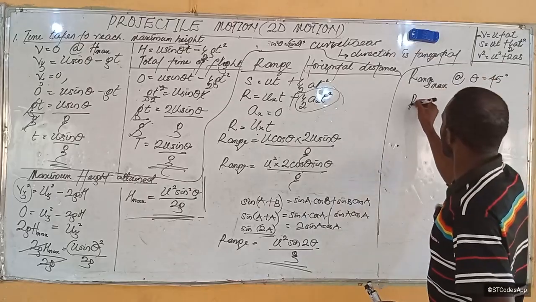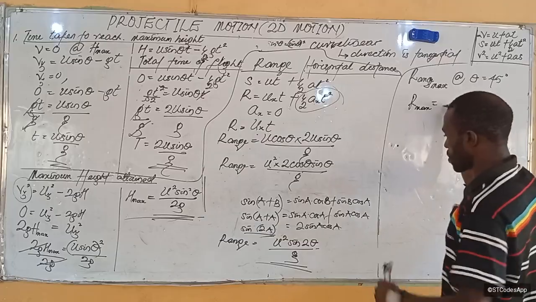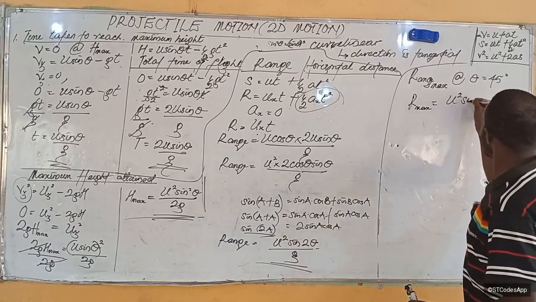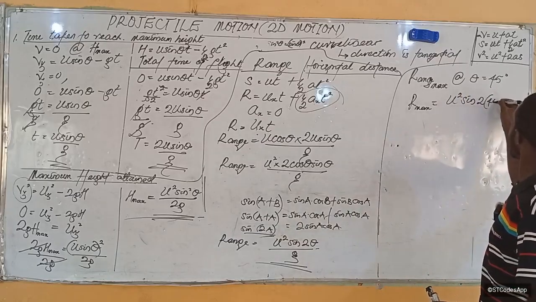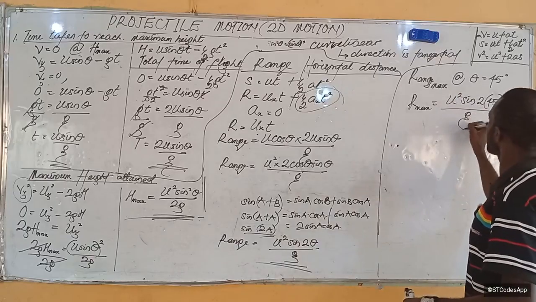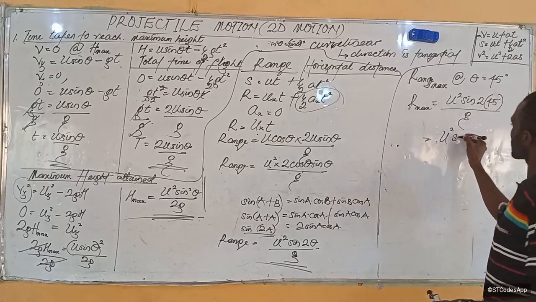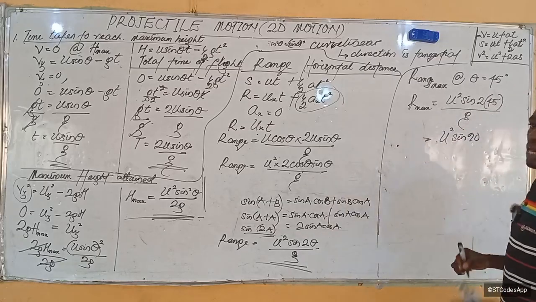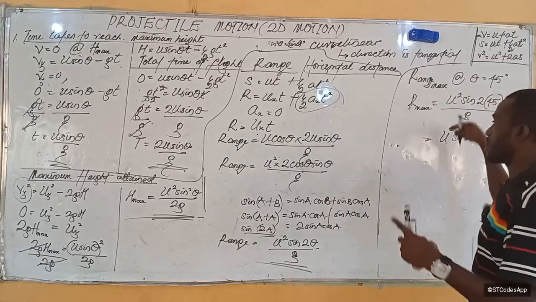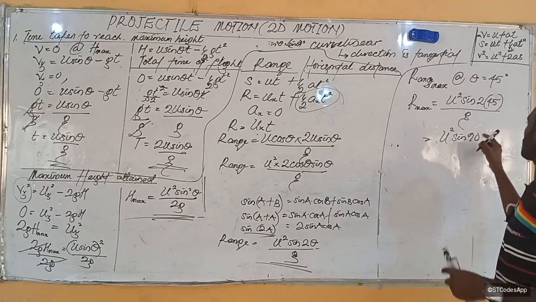Because if that be the case, our range max becomes u squared sine of 2 times 45 over g, in which case range max becomes u squared sine of 90. And what is sine of 90 according to what I just showed you? Plus 1. Is that clear?